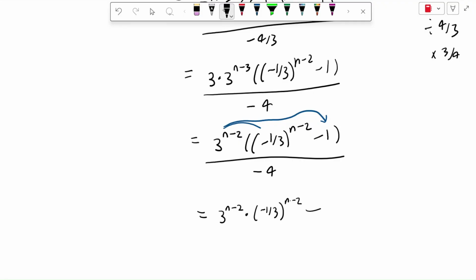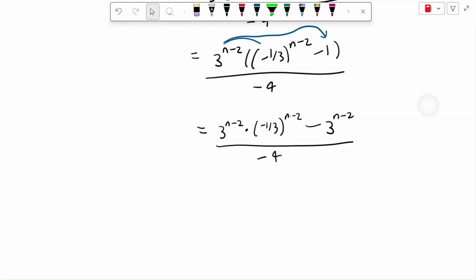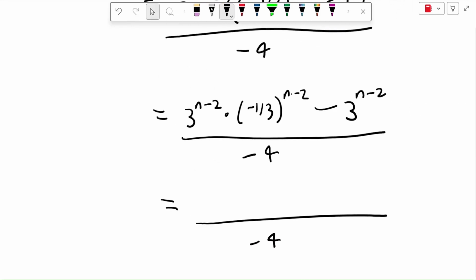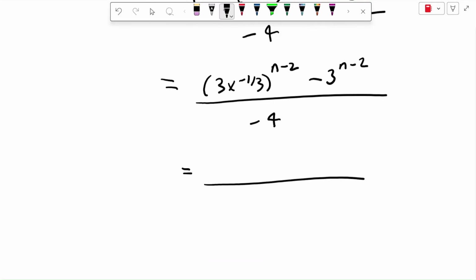So that would just become 3 to the n take 2, all over minus 4. Now this is why I'm really keen on this conjecture. It works out really nicely because they're the same powers on these first 2 terms. So this just becomes 3 times minus a third to the power of n take 2, both together. 3 times minus a third is minus 1. So that's minus 1 to the power of n take 2, take 3 to the n take 2.